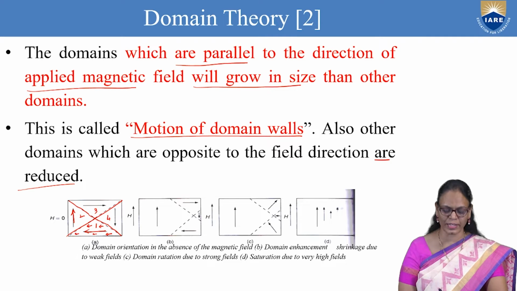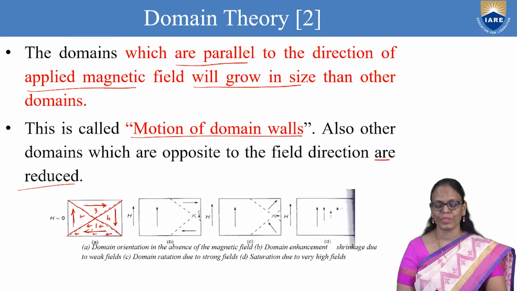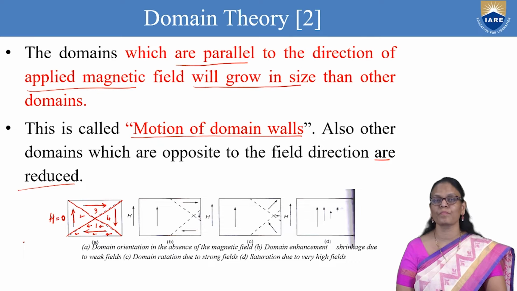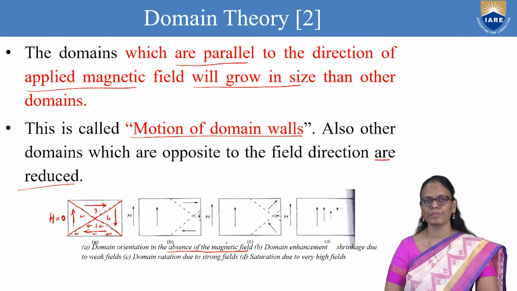That is why the resultant here is in this direction, and here the resultant is upward. In the third, the resultant is like this, and here it is like this. This is in the absence of a magnetic field, H equal to 0. They have spontaneous magnetization, but the net magnetic moment is 0. This is the domain orientation in the absence of a magnetic field.